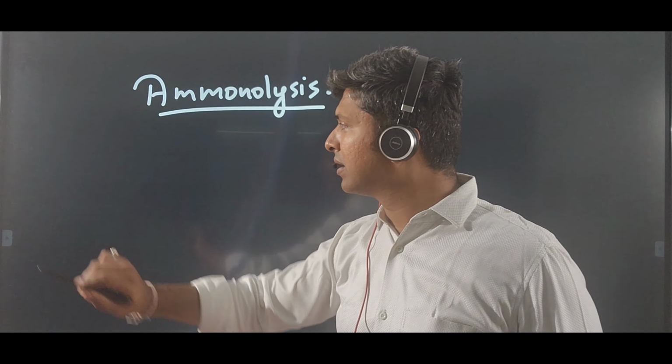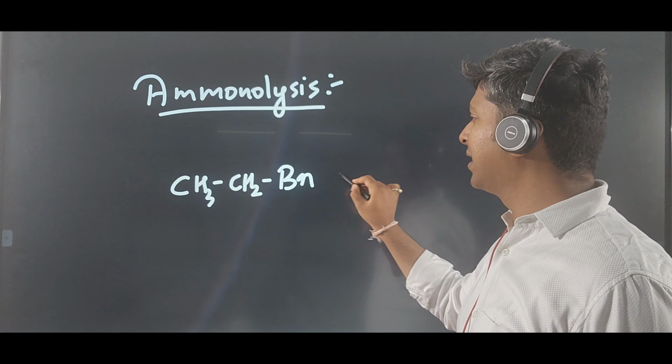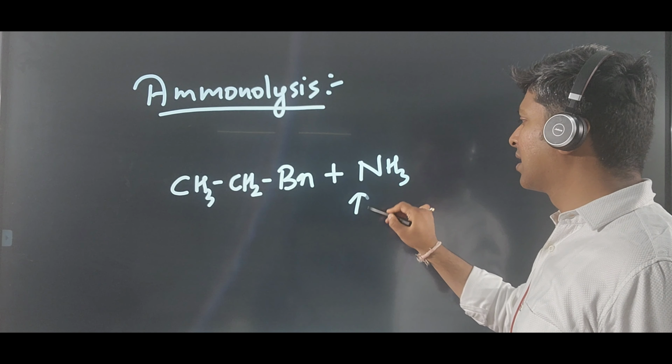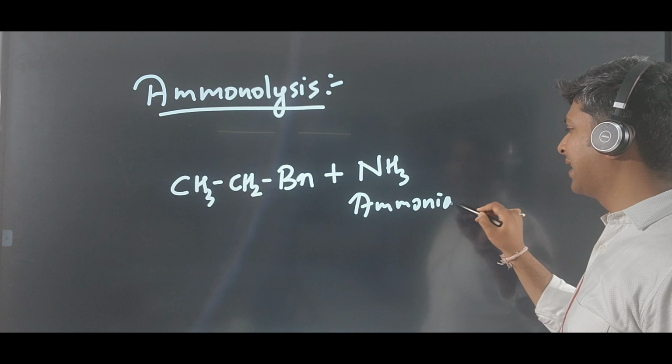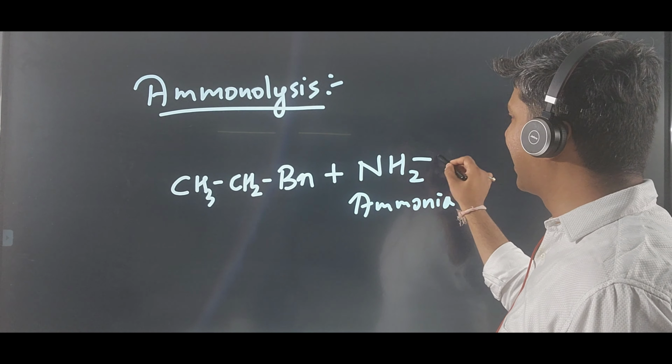Okay, so in ammonolysis, obviously we are going to use ammonia with haloalkane. Can I write, with your permission, ammonia like this, NH2 and H?